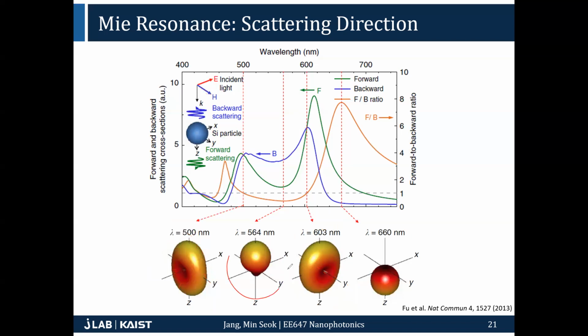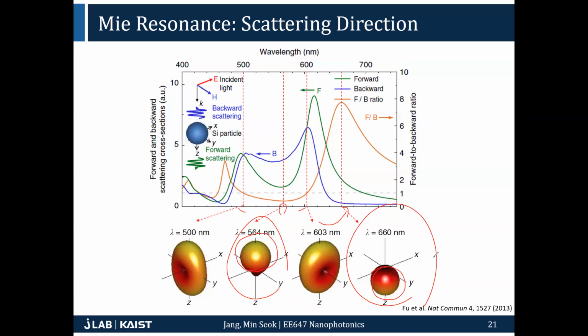The question is this and that. Here, in between the electric dipole and magnetic dipole, your resonance becomes mostly backward. And if you go to this regime, your resonance becomes mostly forward.